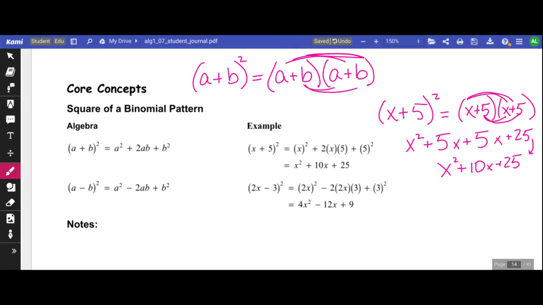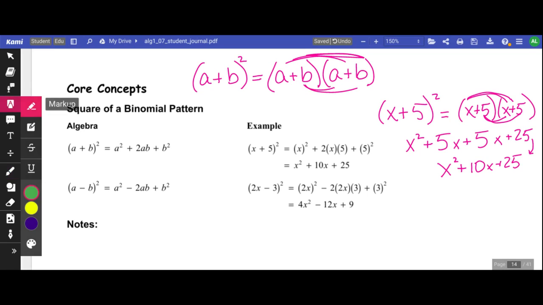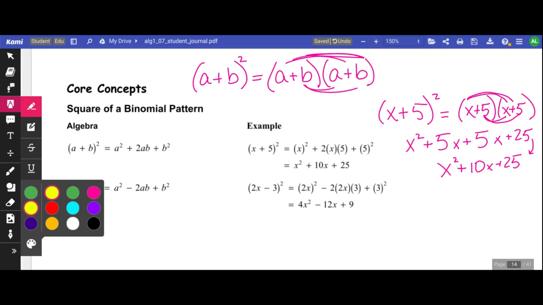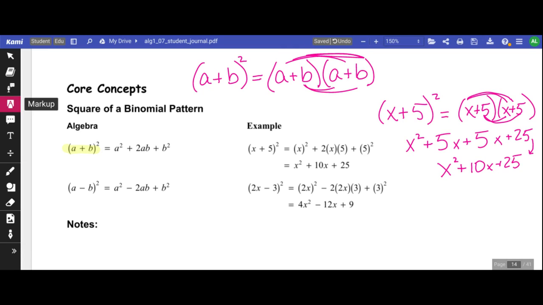But the quicker way to do this problem is to use the pattern. All right? When we have this little a plus b or whatever the different binomials are, something all squared, it's always going to be the first term squared. Okay, we see that. The first term is x, we get x squared. Then the middle term is 2 times a times b.